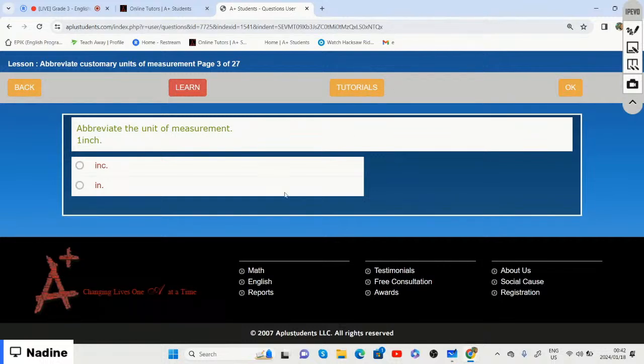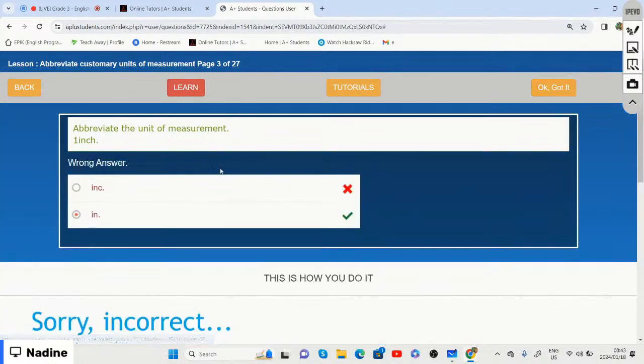We need to abbreviate inch. So inches. And if we abbreviate and measure inches, oh, it is IN.